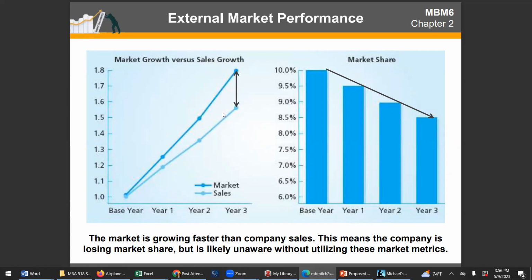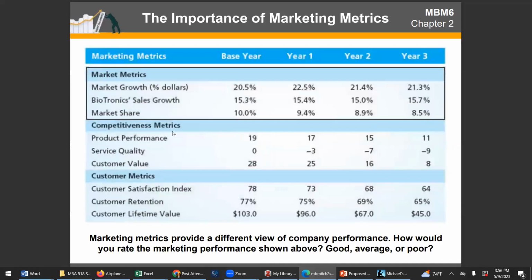You can see that because these lines are not parallel. Another way to look at this differential between the market and sales is you can see the percentage of market share for Biotronics going down, again, as was indicated in the prior slide.